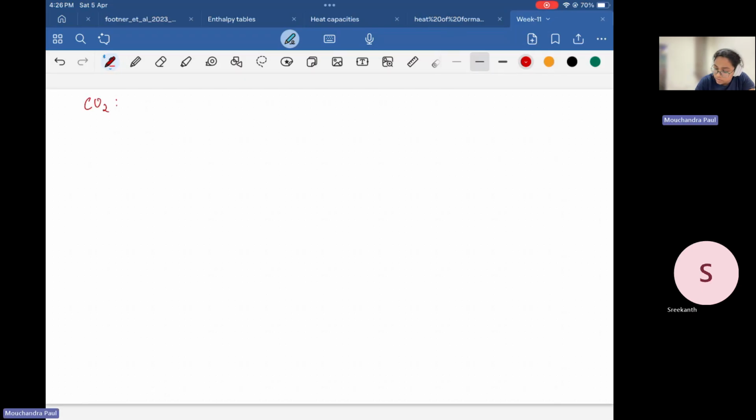For CO2, H2, H2O, and another component is methane, CH4.